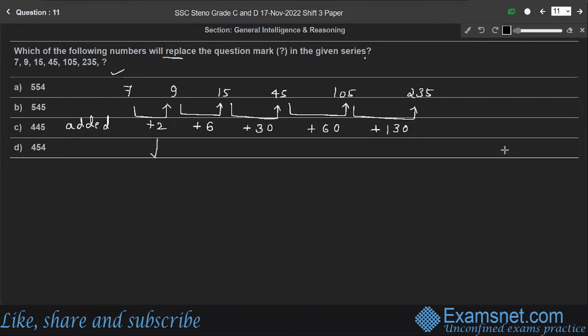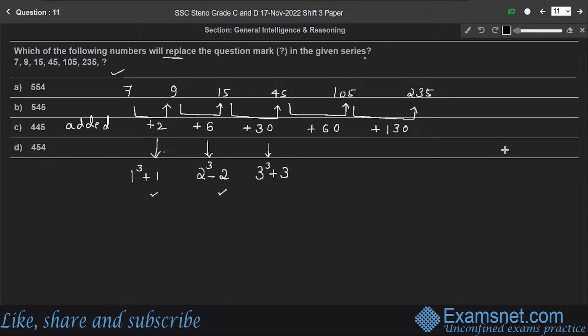The speciality is, 2 can be written as 1 cube plus 1. So 1 cube is 1, plus 1 is 2. And 6 can be written as cube of 2 minus 2. 2 cube is 8, minus 2 is 6. Here in the first step 1 is added. In the second step 2 is subtracted. So in the next step, I can write 30 as 3 cube plus 3.